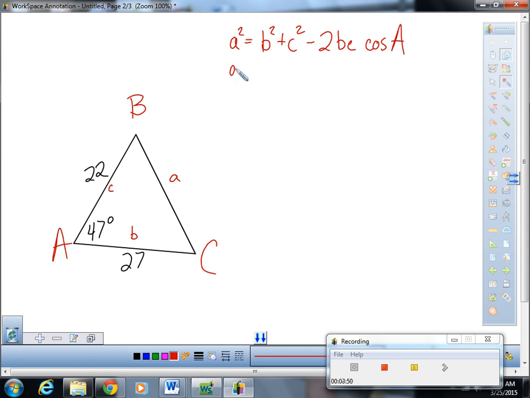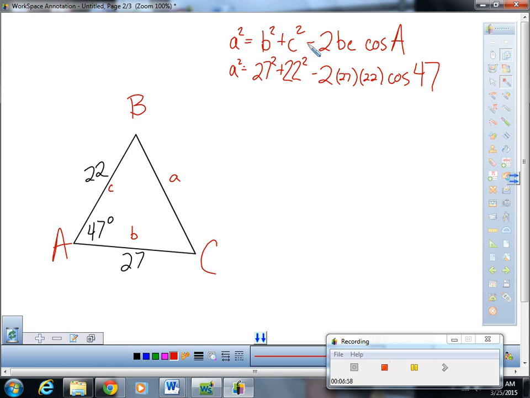You're going to have a squared equals 27 squared plus 22 squared minus 2 times 27 times 22 times cosine of 47. It's beautiful. Look, we know all of these variables.